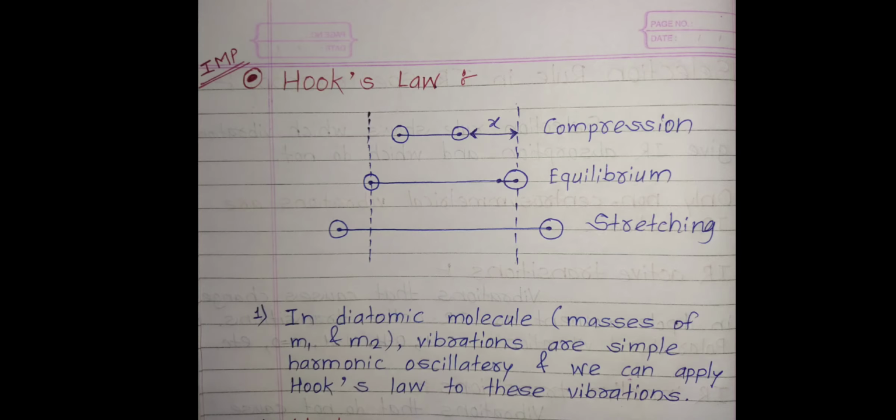Then next point is Hooke's law. What is Hooke's law? It is also more important to your examination, so listen carefully. See in structure, in the first point, a diatomic molecule, diatomic means two atoms.